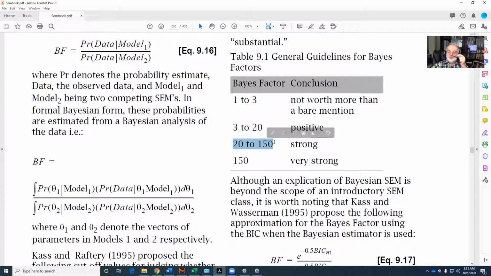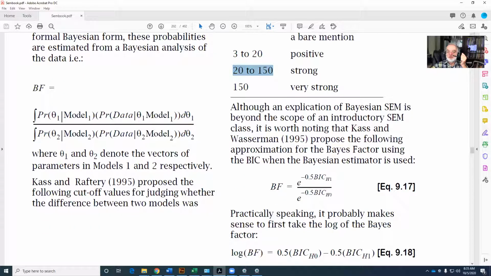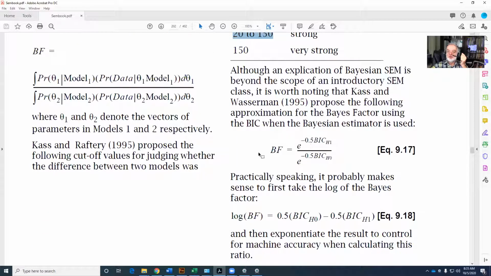In terms of the printouts that we have from LISREL or Amos or Mplus, we don't. But Wagenmakers, or rather Masson and Wasserman, had this approximation to the Bayes factor: e to the minus 0.5 of the BIC for the more complex model divided by e to the minus 0.5 of the BIC value for the null model. I've had people in previous years, I showed them this formula and they calculated the Bayes factor inside of Excel.